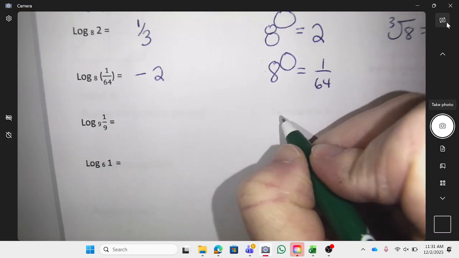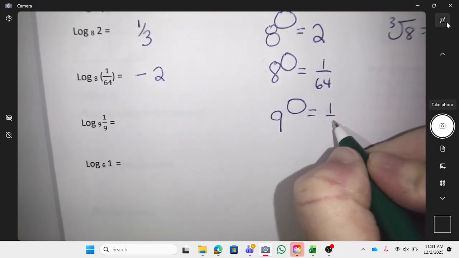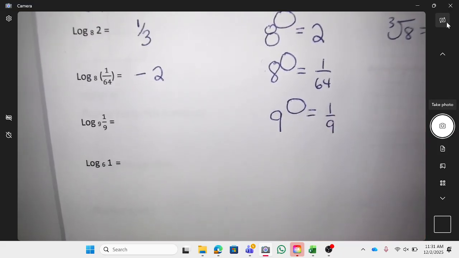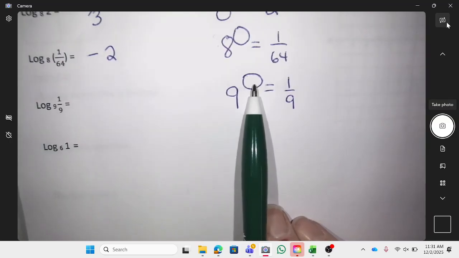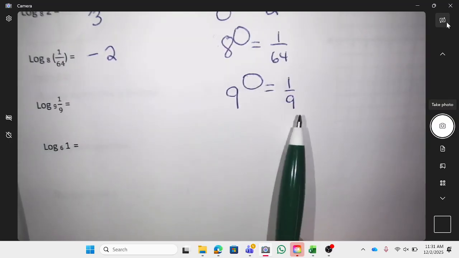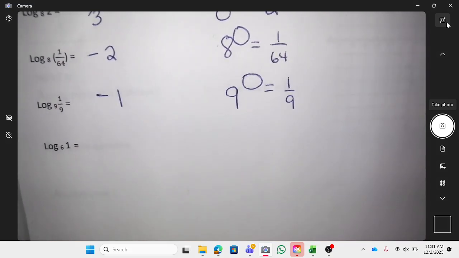Okay, the next one, your brain's going to go 9 to something. So this is what I'm thinking about, what would need to be the exponent. So it flipped me to the bottom. So -1.